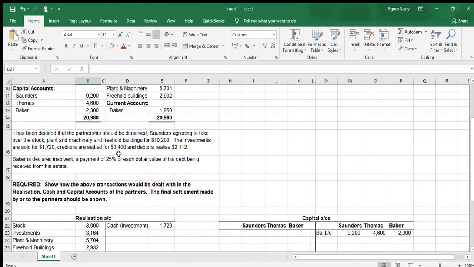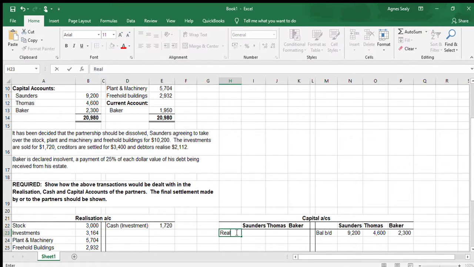The question also said Saunders agreeing to take over stock, plant, machinery, and freehold buildings for $10,000. And one of our accounting entries states that if a partner is taking over assets without payment, then the partner's account would be debited for the total amount of the assets he's taken over, and the realization account is credited for that same amount.